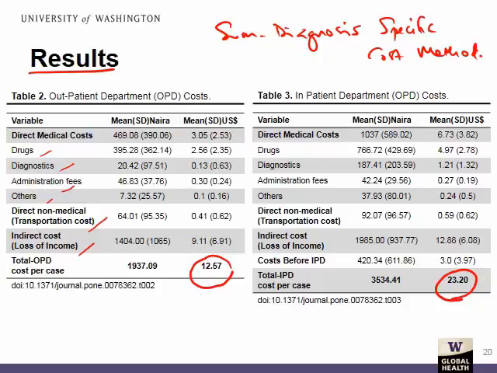So very simple, and like we said in the previous slide, cross-sectional study. And if you look at the categories, you see that besides the lost income, the productivity costs, the others are relatively small costs. So you have $9 here in lost income for outpatient and $12 here lost income for inpatient.